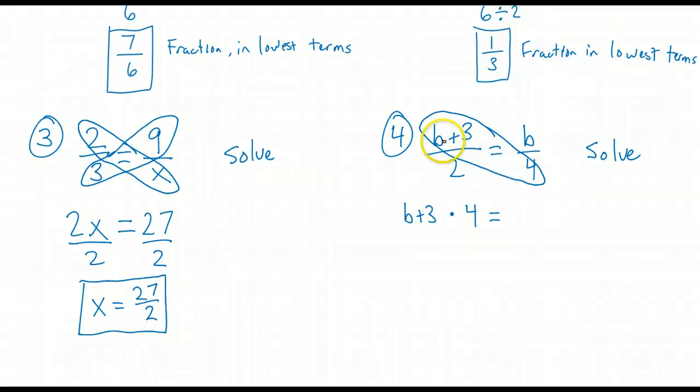Now when I take b plus 3 times 4, I need to take this entire numerator times 4. If you look, this fraction bar is like a grouping symbol. It's grouping this entire numerator together. So when I multiply by 4, I need to put b plus 3 into parentheses. The reason I want parentheses is so I can now distribute to simplify.